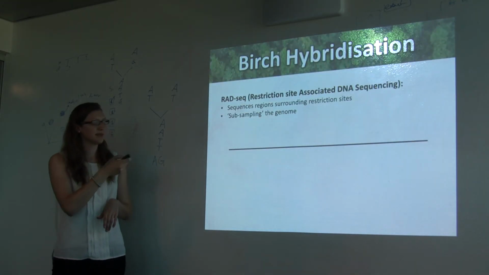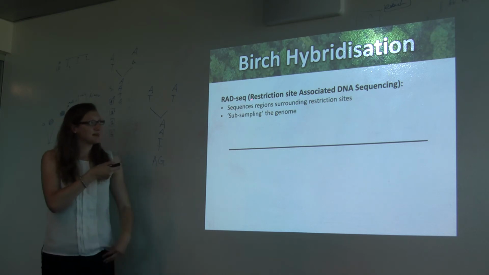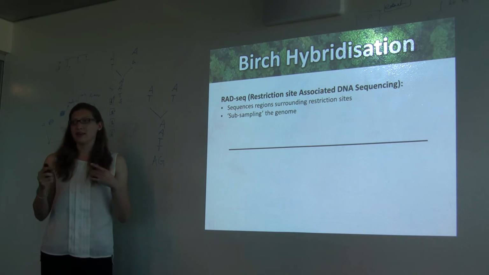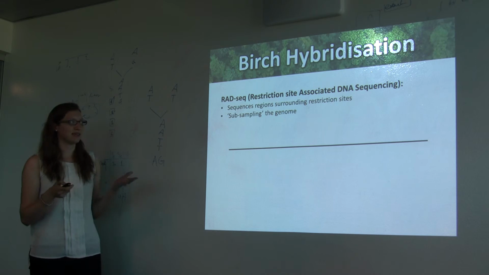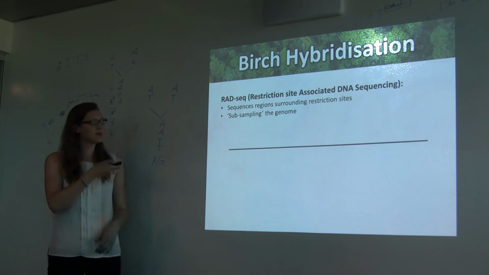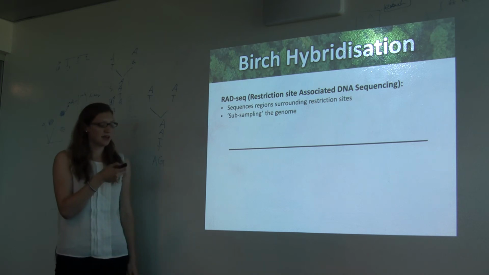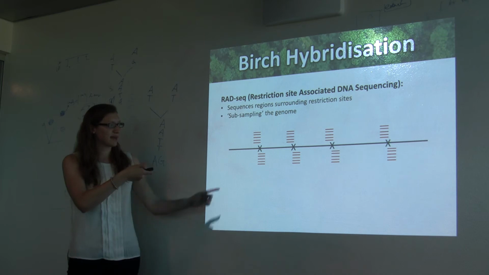So what we want to do is use this RAD sequencing, restriction site associated DNA sequencing, to analyze the mixing or integration of different genes in the parents. So what the RAD sequencing is sequencing regions around the restriction sites. So for example, if you have this DNA and restriction sites here, you end up getting the reads stacked up like this.